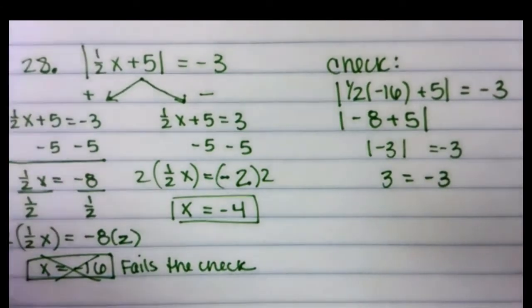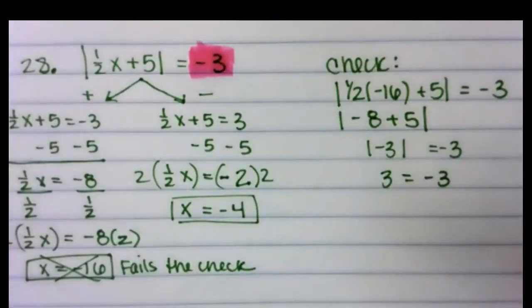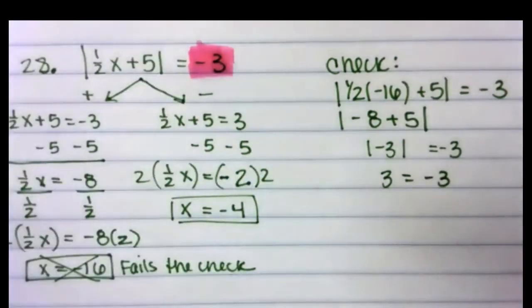What could I have done from the very beginning, Dominique? Oh. No, she didn't get it. Who else said oh? Who noticed? Nevaeh, what'd you notice? Yeah. We noticed that the absolute value equals a negative number. The absolute value is always positive.